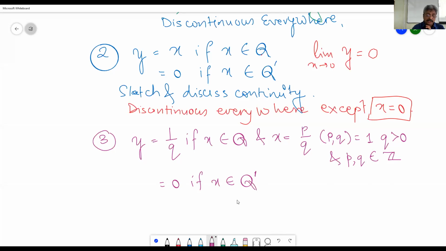Now think about this, write down whatever you want to say, try to sketch and figure out the continuity. The question is: discuss continuity.